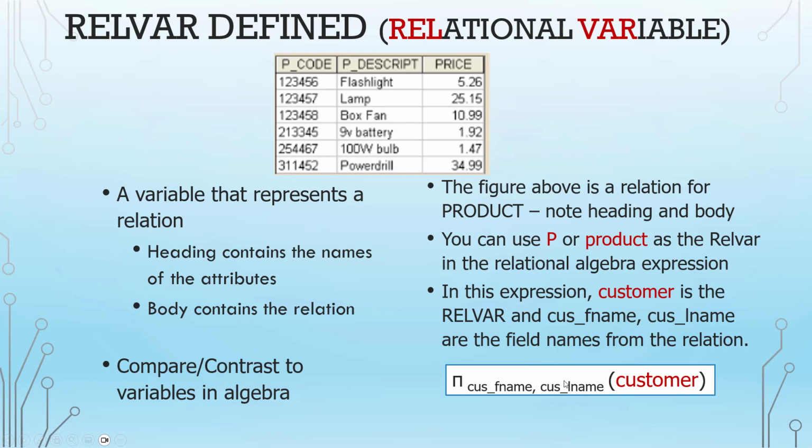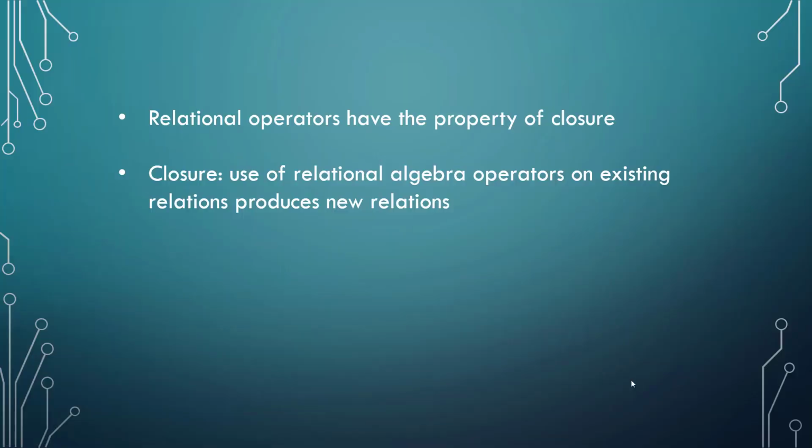And here is an expression. And in this case, the term customer is the rel-var. It doesn't have to be the same name as the table. Maybe you might use just C to represent the rel-var. Another thing related to mathematics is relational operators have the property of closure. For example, we've studied this in mathematics when we were younger, but when I multiply an integer with an integer, that operation called multiplication results in another integer every time.